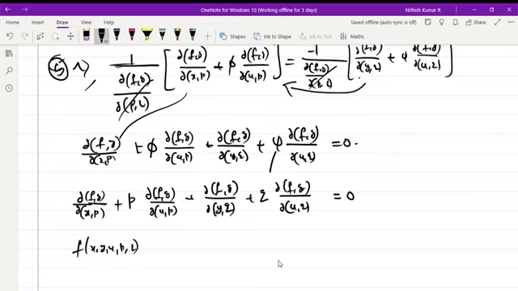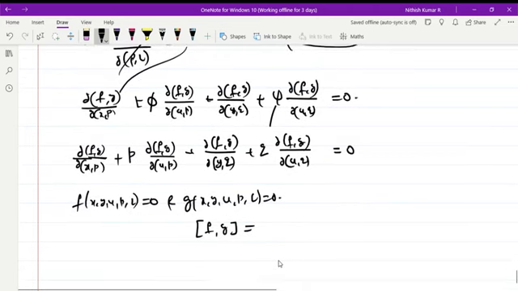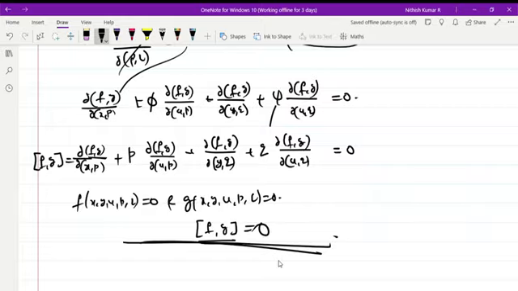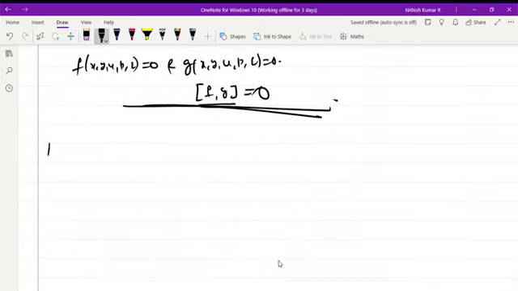That is ∂(f,g)/∂(x,p) plus, since φ is nothing but p, p into ∂(f,g)/∂(u,p) plus ∂(f,g)/∂(y,q) plus q into ∂(f,g)/∂(u,q) is equal to 0.